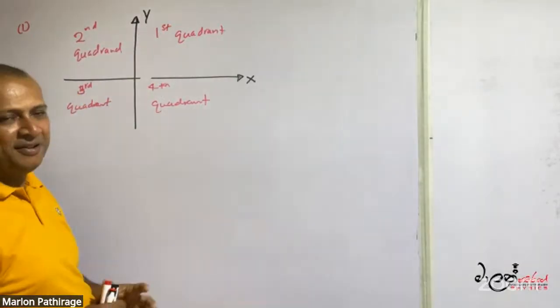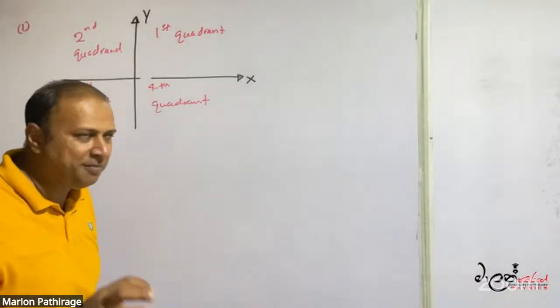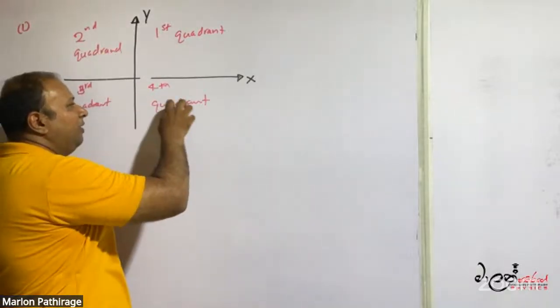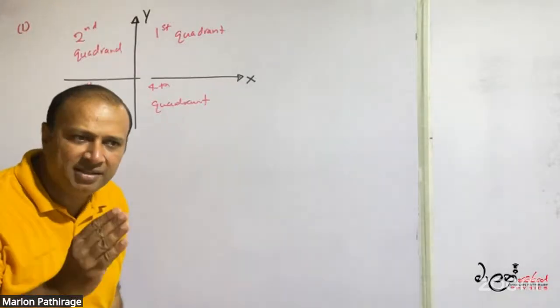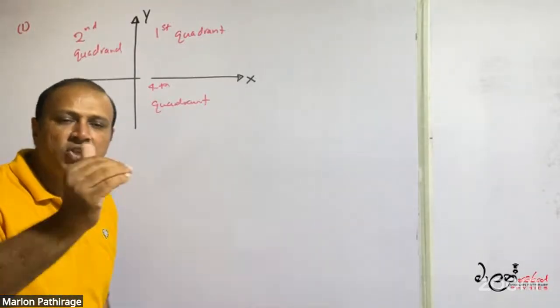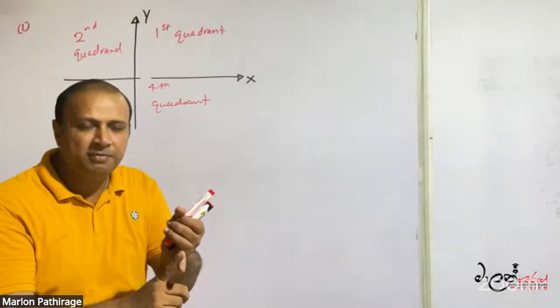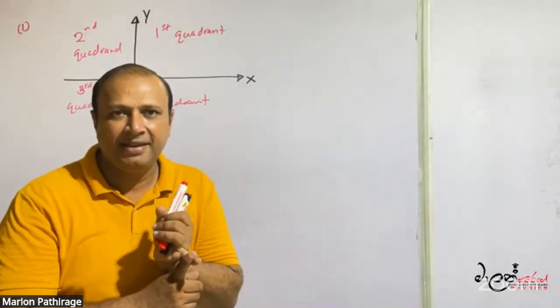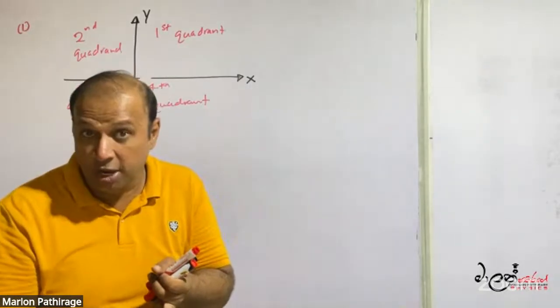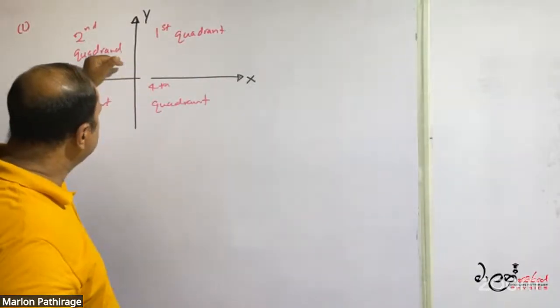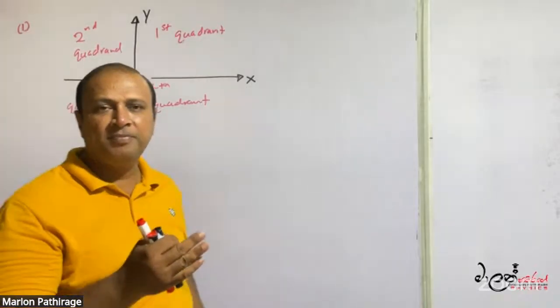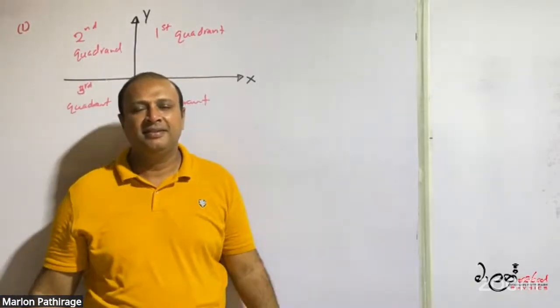First thing you have to determine is the location, the place where you're going to draw the graph. The second thing you have to worry about is the shape. If you know the place and shape, then you can draw the graph.